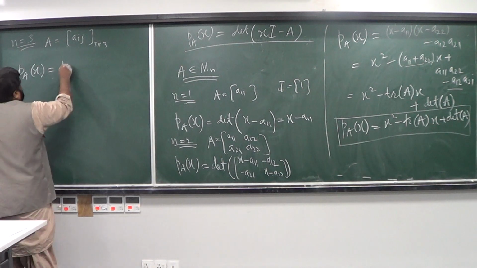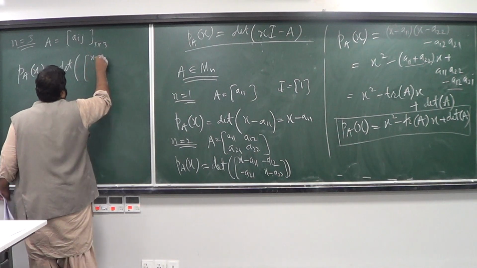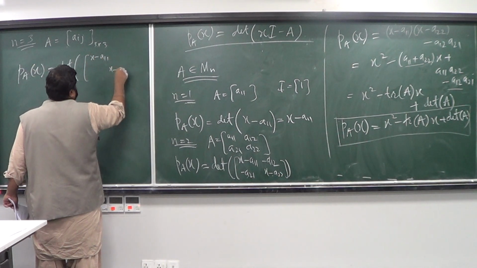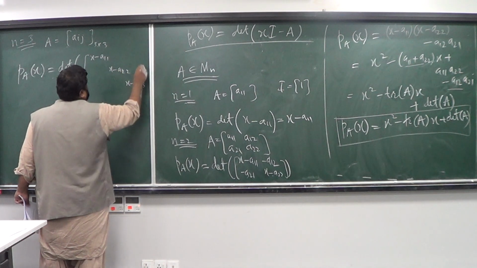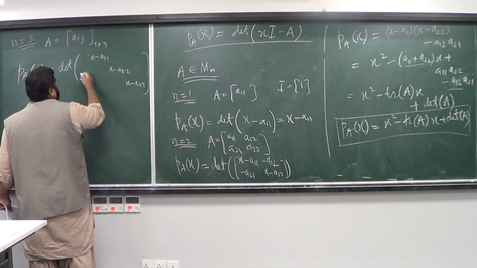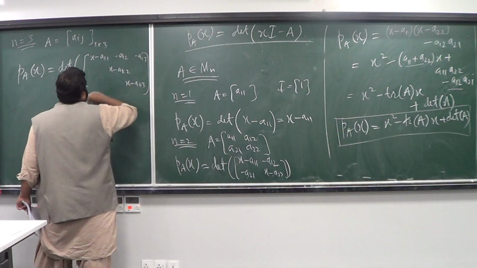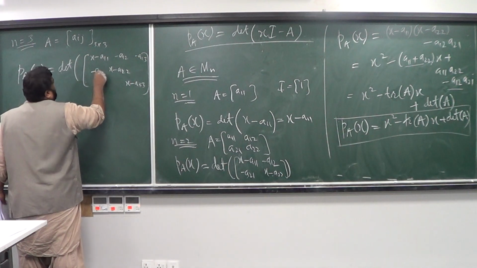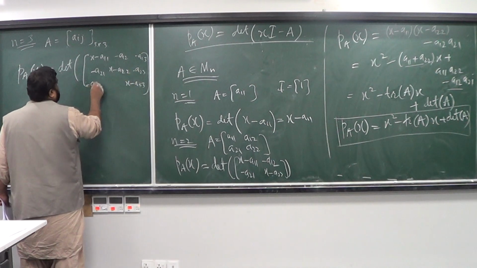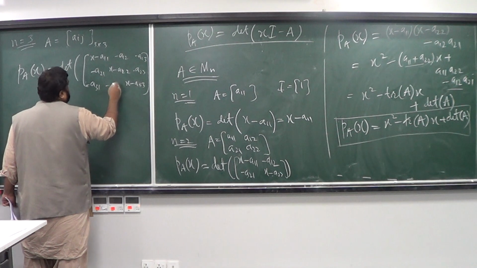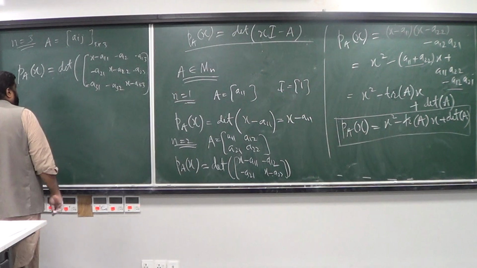It's going to be the determinant of xI minus A. So it's going to be the matrix with x minus A11, x minus A22, x minus A33 on the diagonal, and the rest of the entries just negated: minus A12, minus A13, minus A21, minus A23, minus A31 and minus A32.